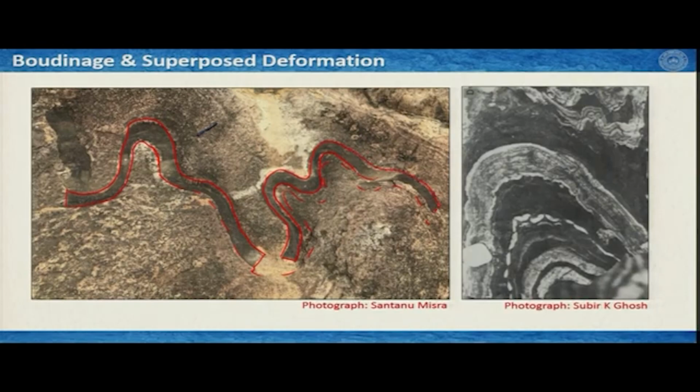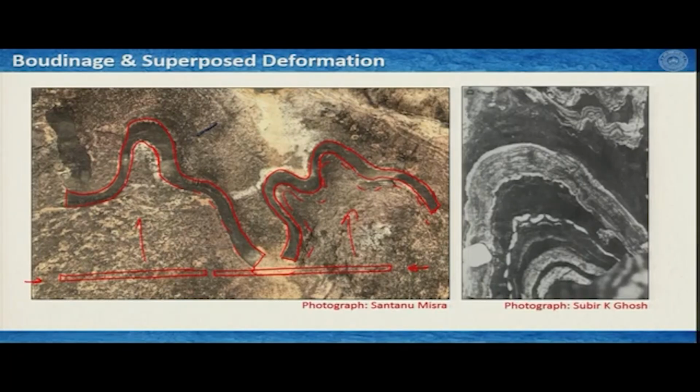And you see it is offset here. So, it was once upon a time something like that, very long aspect ratio boudins, and then it got some layer parallel compression, and then eventually produced a shape like this.